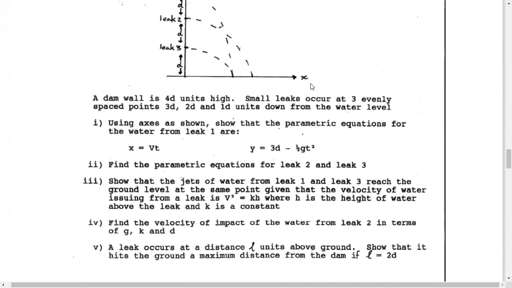We'll now need to generalize this. For your leak in general, we know that at t equals 0, x equals 0, and y must equal L units above the ground, which varies.